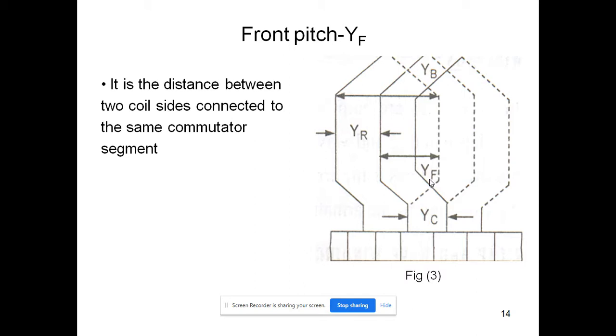These are the two coil sides. This is one coil side and this is the other coil side, connected to the same commutator segment. You can clearly see this. These two are connected to the same commutator segment.